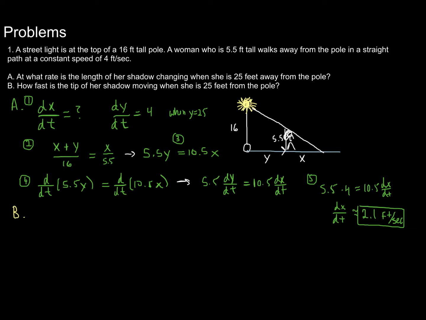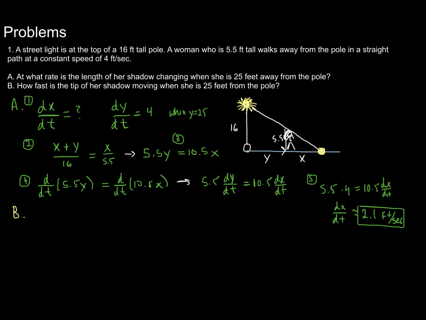Let's first notice that the tip of the shadow is going to be right here. In order to ascertain the rate at which the tip of your shadow is changing, we need to think about the different things that make up the rate at which it's moving.